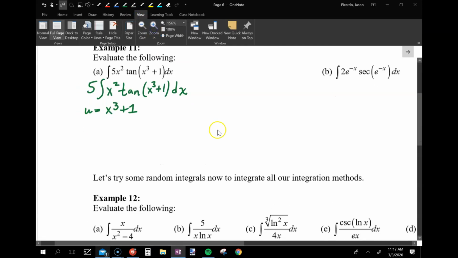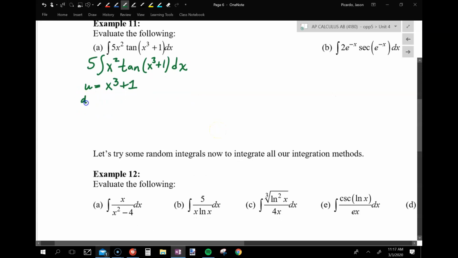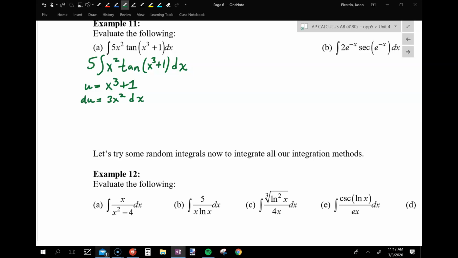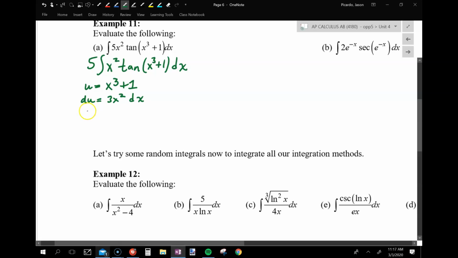Now what? Derivative of that, okay? I get that, right? Keep going, B. You're going to walk me right through this. Now what? You want to move the 3 over because you want it to match x squared dx. Okay.